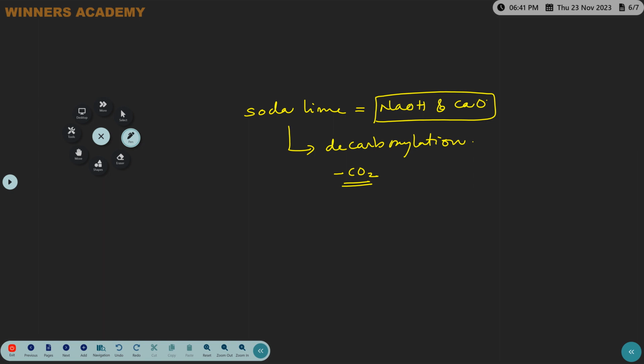See here, for example, CH3COONa. What is its name? Sodium acetate, which we have taken. When sodium acetate is heated with soda lime, that is NaOH and CaO, only NaOH is involved in the bond breaking.